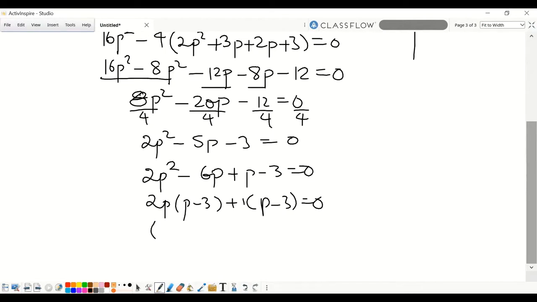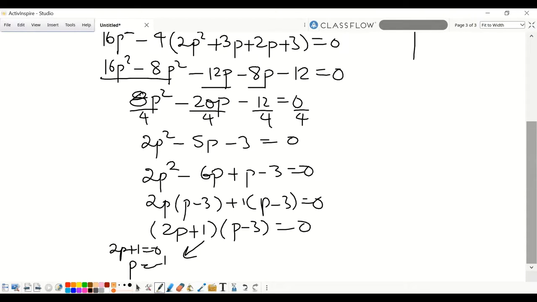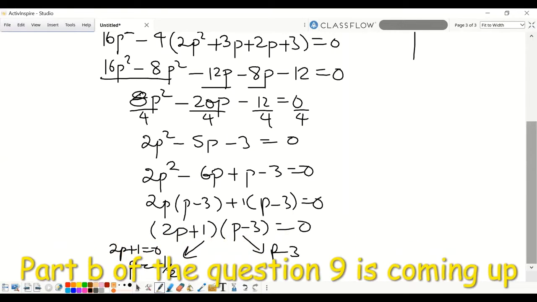So finally we get factors rather. 2p plus 1, p minus 3 equal to 0. And this will give us 2p plus 1 equal to 0, p becomes minus 1/2. And this gives us p minus 3 equal to 0, p equal to 3.